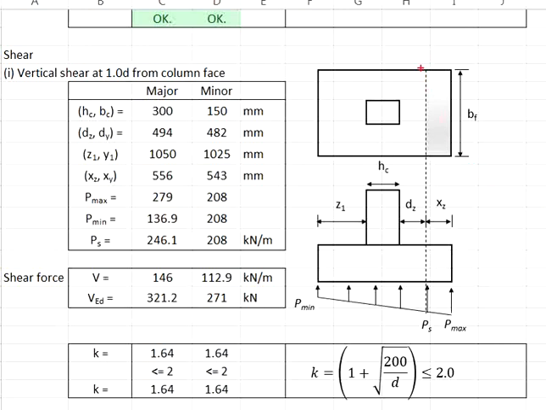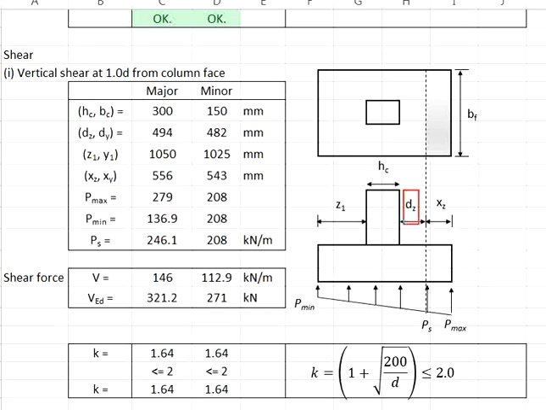The shear plane in the major axis is located here, which is 1d from the column surface. As for the minor axis, we are referring to this plane, which is also 1d from the column face in the minor axis. First, we need to determine the locations of those shear planes.